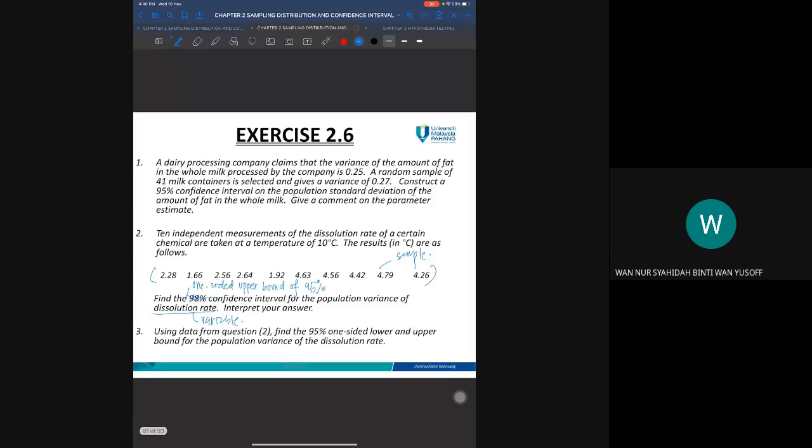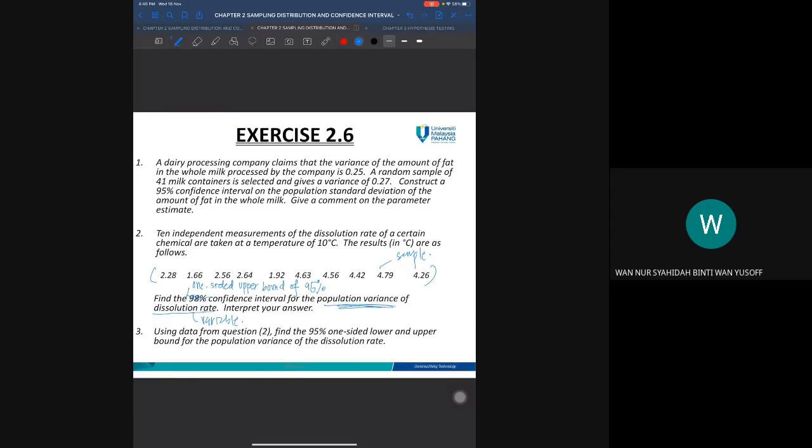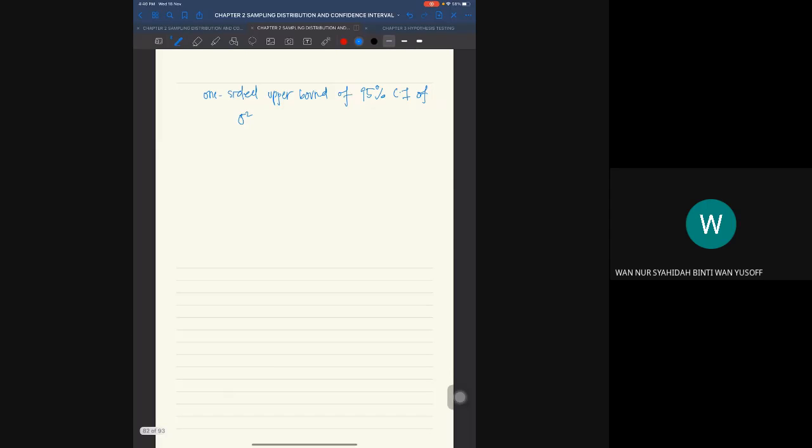Okay, we try the one-sided here. So for the one-sided upper bound, the lower bound automatically equals 0, because this is the population variance.